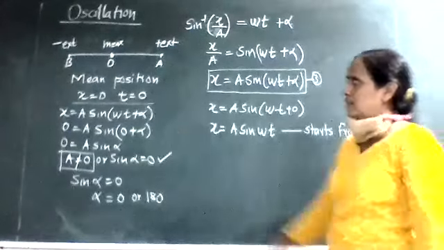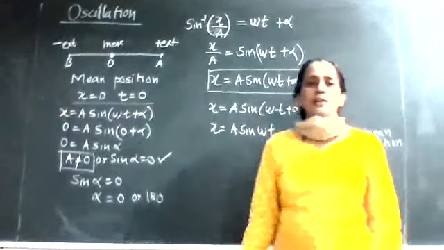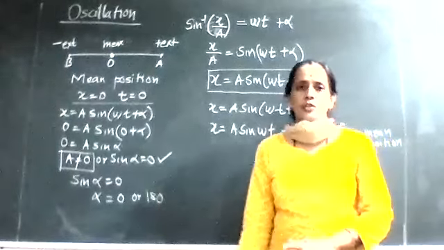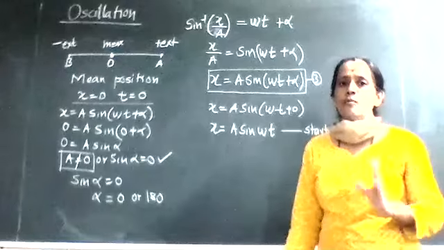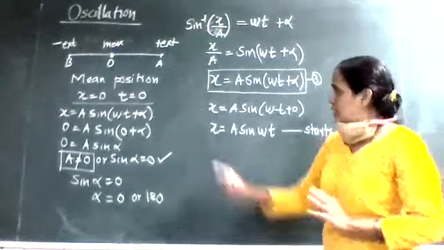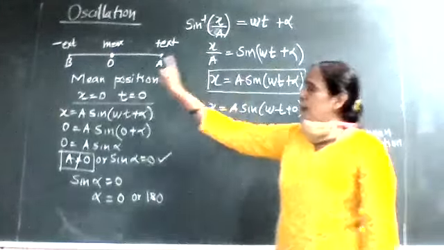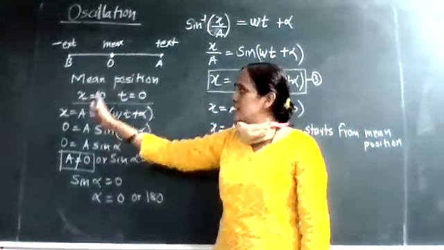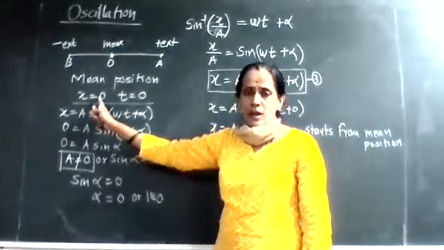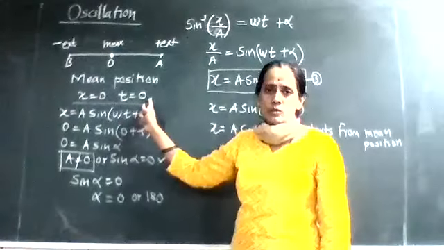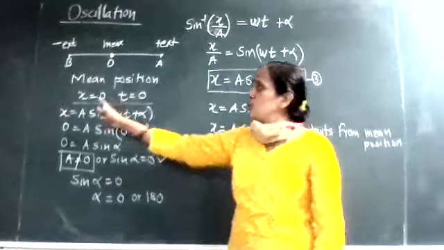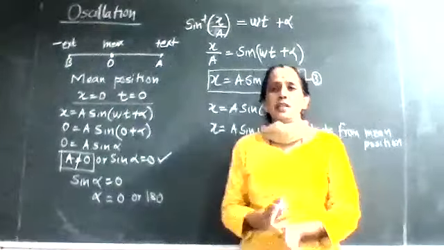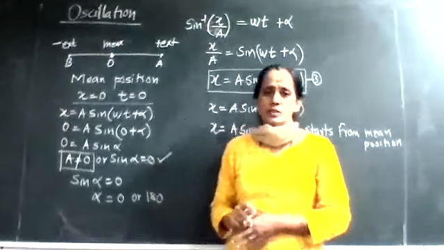I will again repeat. What we want to find out? We want to find out what is the displacement equation when particle starts from mean position. So now, when particle is starting from mean position, its displacement is 0 at time interval t is equal to 0. So at mean position you have these two conditions: displacement is 0 when time interval is 0.